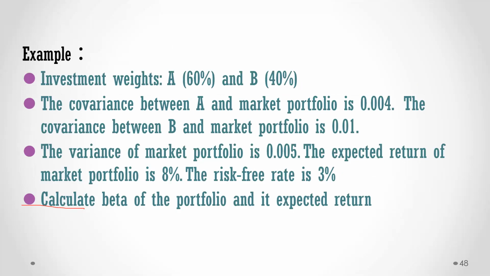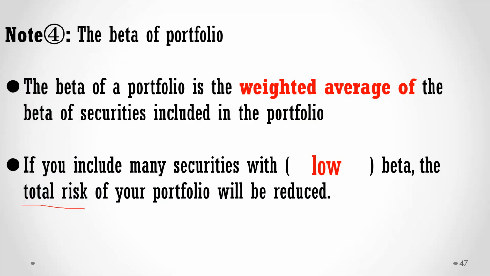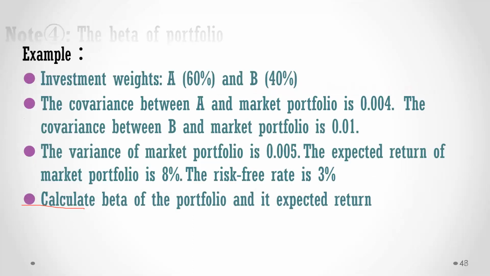Let me use a simple example to justify. So based on this conclusion, we have 2 ways to calculate the expected return for a portfolio. Let's assume the investment weight for A is 60%, investment weight for B is 40%.